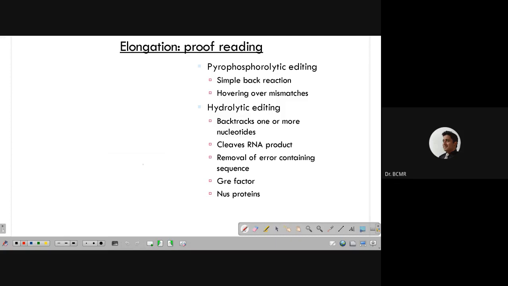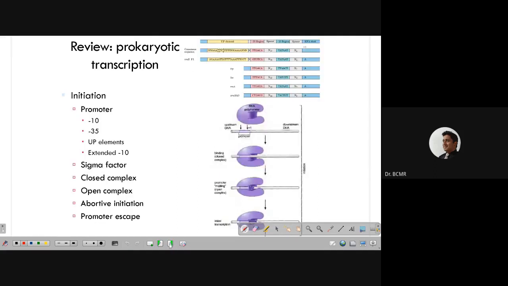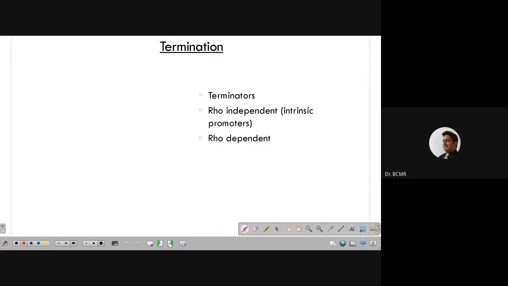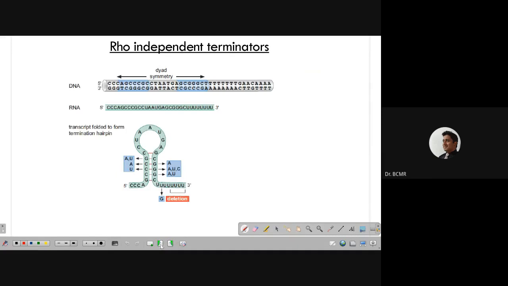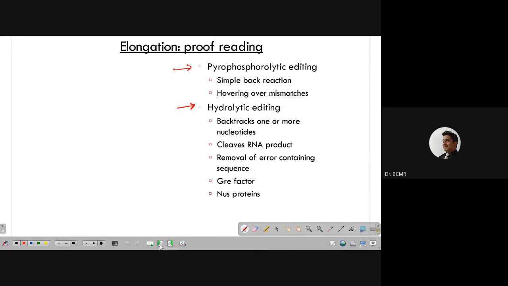We will look at some of the editing mechanisms, phosphorylated editing, hydrolytic editing, and so on. I thought I'd finish till here, but we'll do that later. Then we'll talk about termination and eukaryotic transcription in the next class.